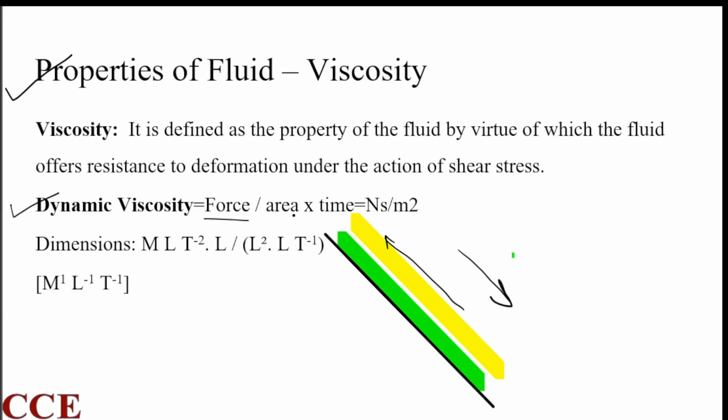It is force upon area into time, so Newton second per meter square. The dimensions will be M to the power 1, L to the power minus 1, and T to the power minus 1. This viscosity is called dynamic viscosity.